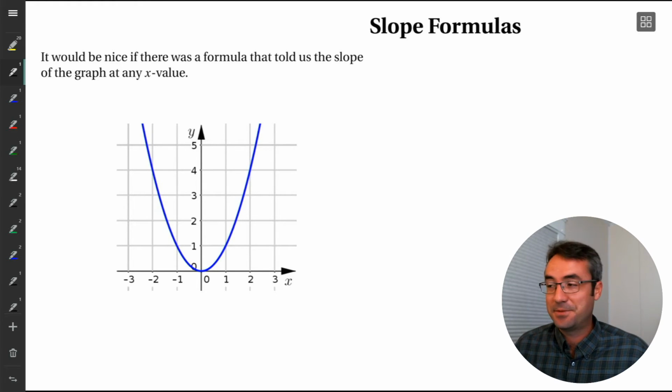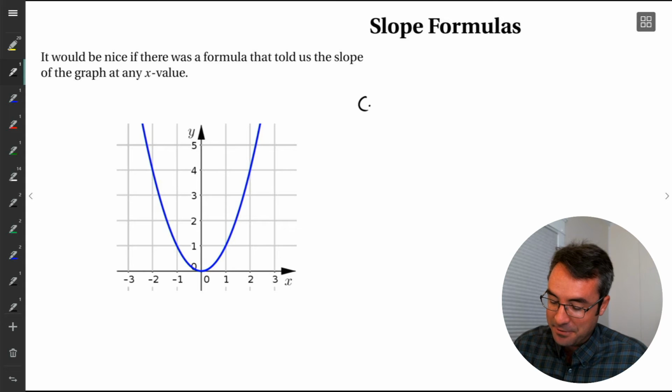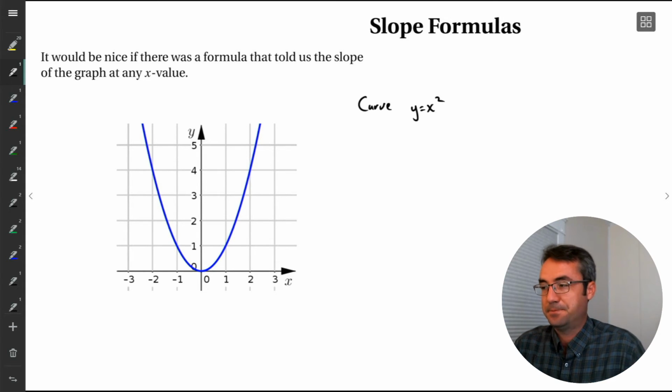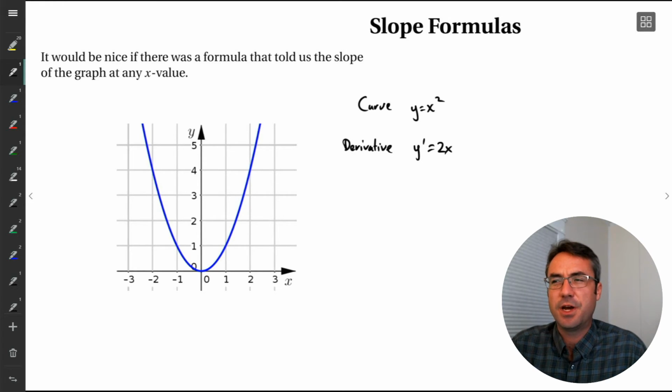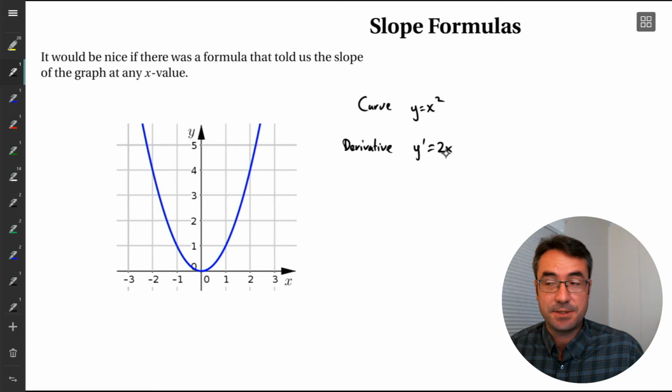It's the derivative. So if we have, in this case, our curve, which is y equals x squared, and we've seen how to calculate the derivative using the limit definition, and I don't know if we've done x squared by itself, but you could do it using the limit definition. You'd get 2x.